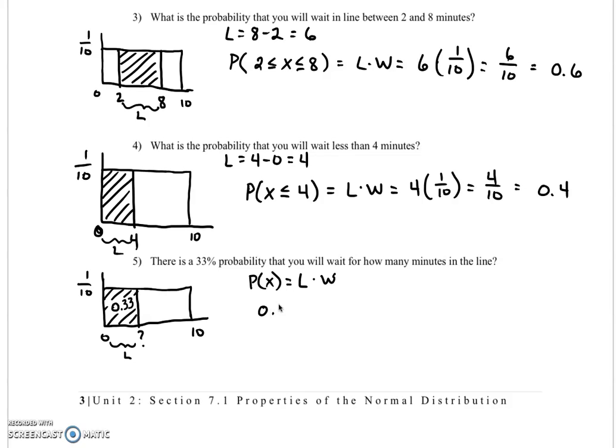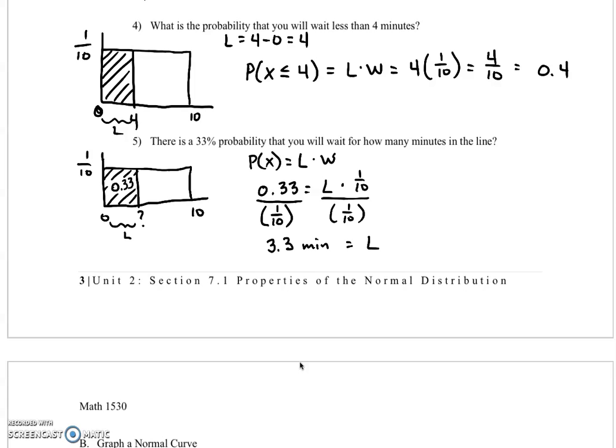So in this case, 0.33 equals the length times 1 over 10. Divide both sides by 1 over 10, being careful to put that fraction, the 1 over 10, in parentheses in your calculator. And we get 3.3 minutes. Well, sometime within 3.3 minutes.